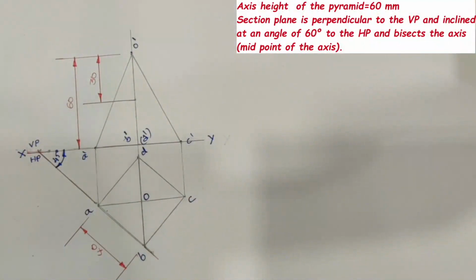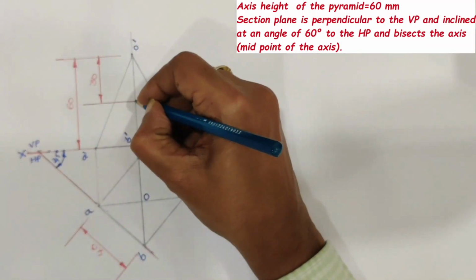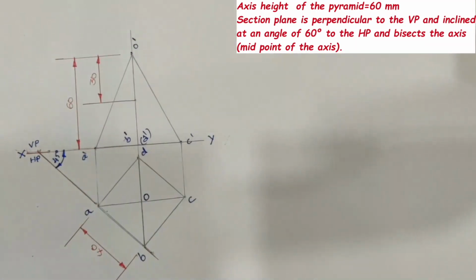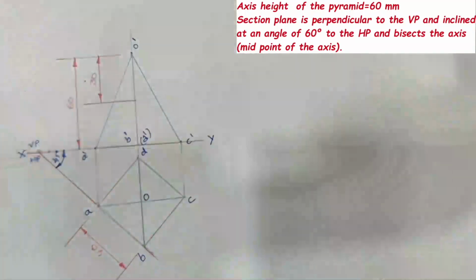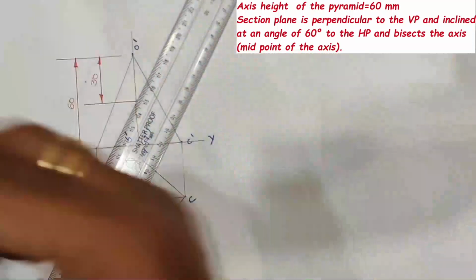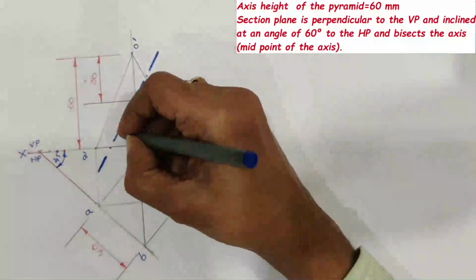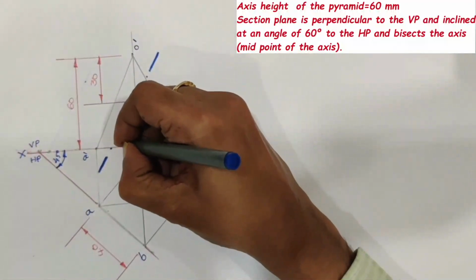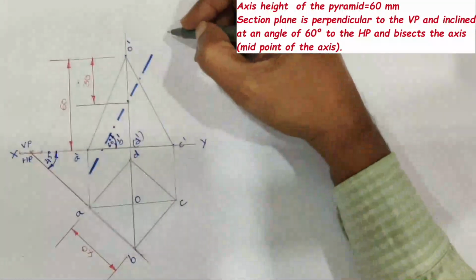The section plane is inclined at an angle of 60 degrees to the HP and passing through the midpoint of the axis. So draw the section plane line. With this section plane, we are cutting the square pyramid.